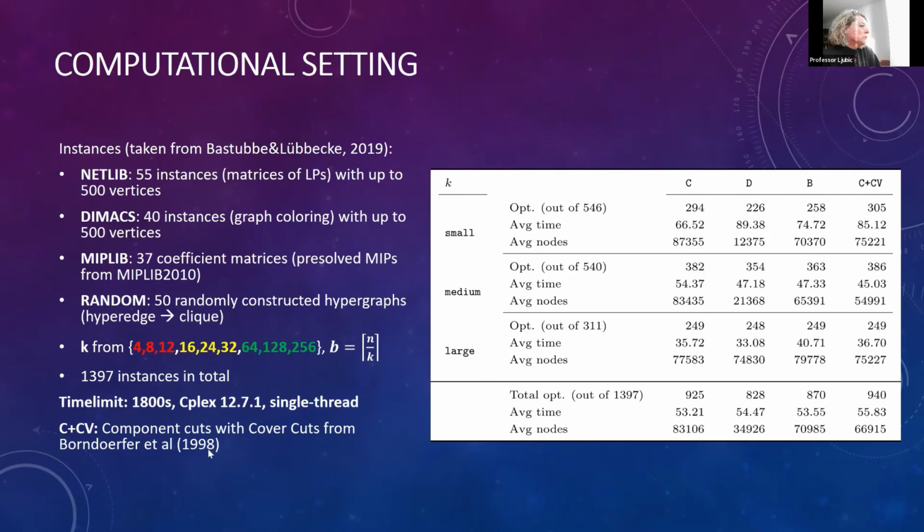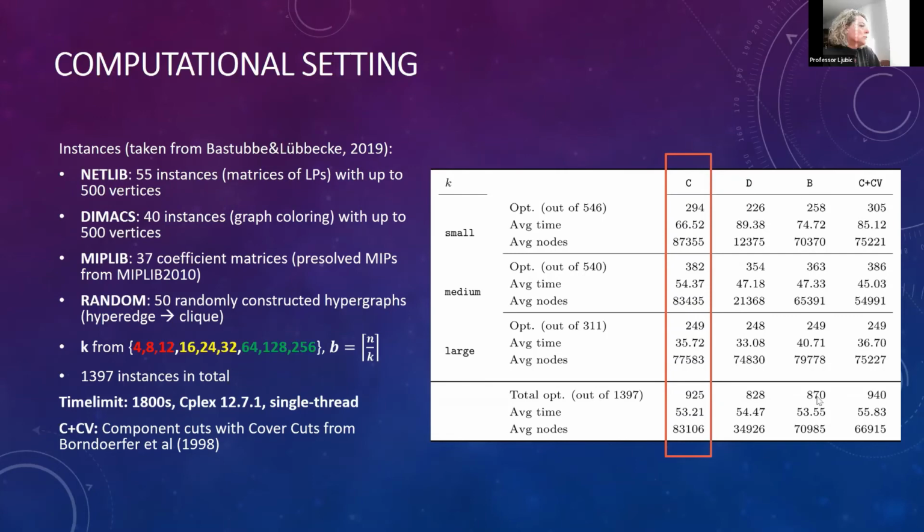So what we see here is the results disaggregated by small, medium, and large instances. When we look at the total results, the component cuts are able to solve 925 instances to optimality, which is the largest of each individual contribution of these cuts compared to the degree or Bender's cuts.